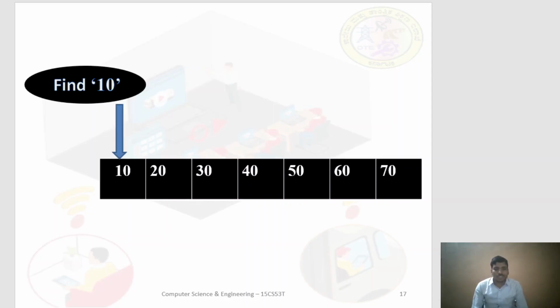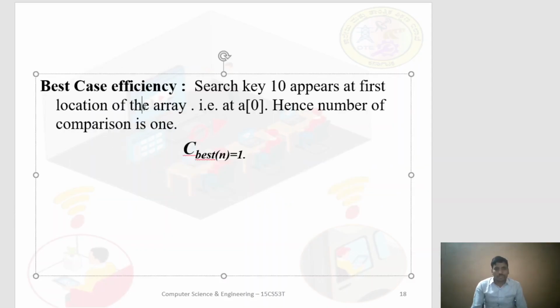So minimum numbers ಏನಾಗುತ್ತೆ ಇಲ್ಲಿ? 1 ಆಗುತ್ತೆ. ಫಸ್ಟ್ ಸ್ಟೆಪ್ ಅಲ್ಲಿ ಏನಾಗಿದೆ? ನಮ್ದು ಅಲ್ಗಾರಿದಮ್ ಸಕ್ಸಸ್ಫುಲ್ ಆಗಿ ರನ್ ಆಗಿದೆ. ನಮ್ಮ ಸರ್ಚ್ ಕೀ ಏನಿದೆ ಅದು ಮ್ಯಾಚ್ ಆಗಿದೆ ಮತ್ತು 0th ಇಂಡೆಕ್ಸ್ ಅನ್ನು ನಮಗೆ ರಿಟರ್ನ್ ಆಗಿದೆ. So search key 10 appears at the first location of the array, that is at a of 0.